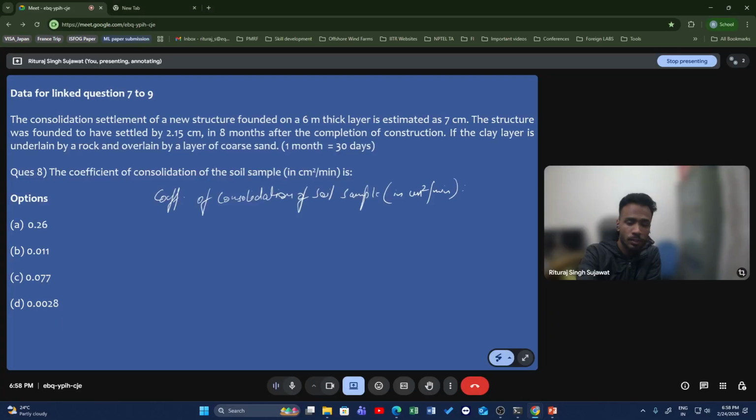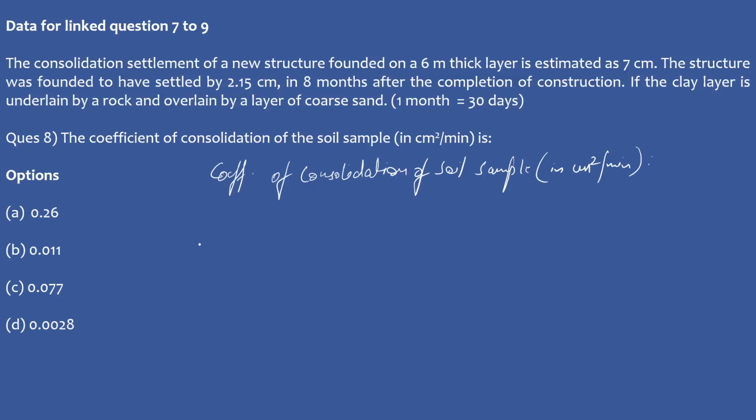So let's evaluate the coefficient of consolidation. We know the degree of consolidation U is 30.7 percent. Since it's less than 60 percent, the time factor will be pi by 4 into U square.